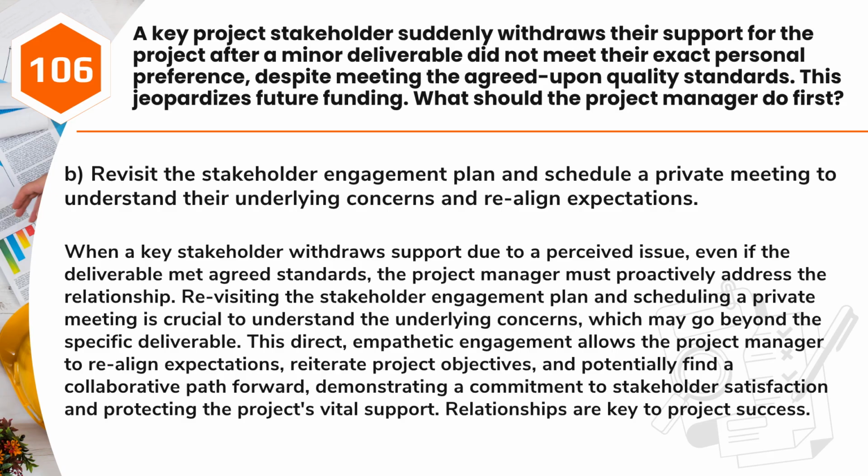Revisiting the stakeholder engagement plan and scheduling a private meeting is crucial to understand the underlying concerns, which may go beyond the specific deliverable. This direct, empathetic engagement allows the project manager to realign expectations, reiterate project objectives, and potentially find a collaborative path forward, demonstrating a commitment to stakeholder satisfaction and protecting the project's vital support. Relationships are key to project success.